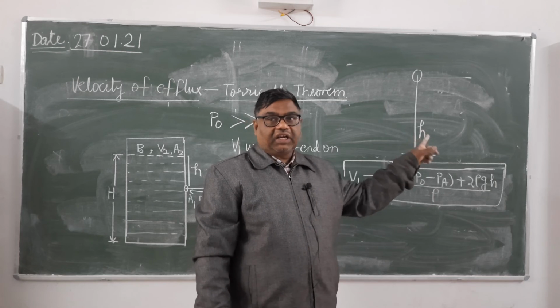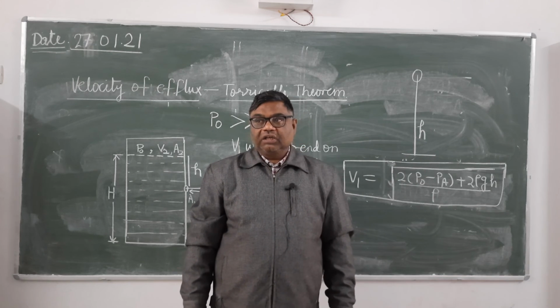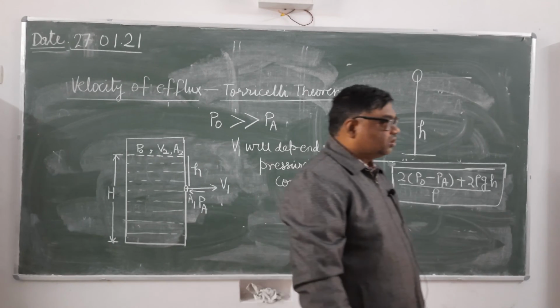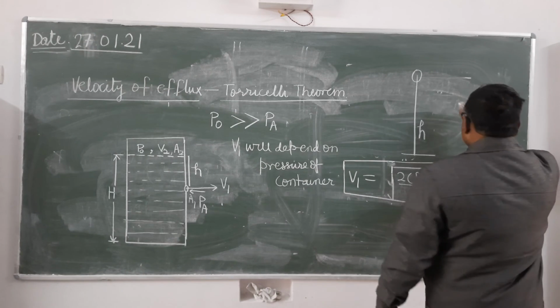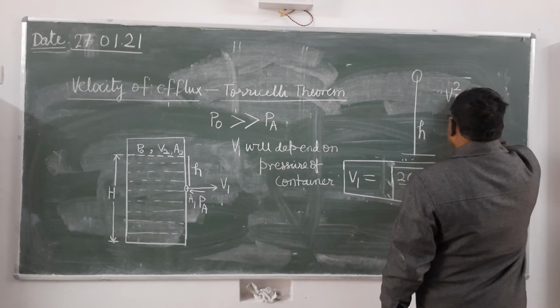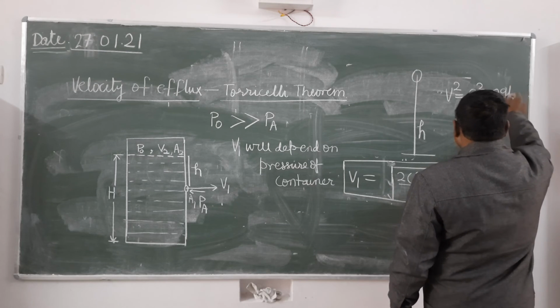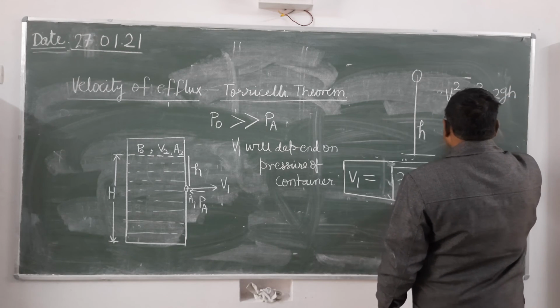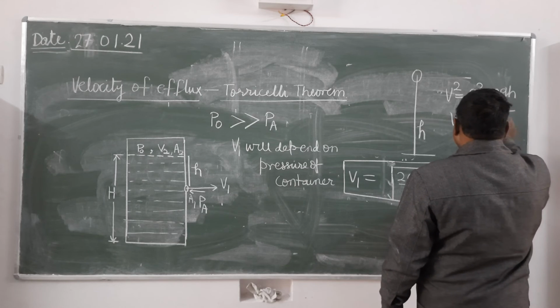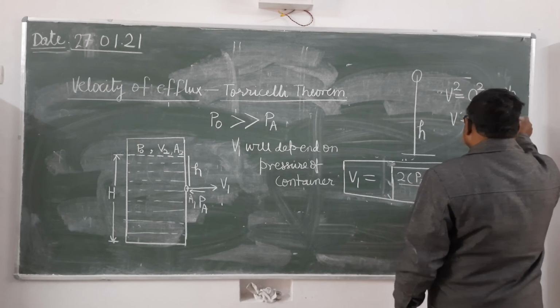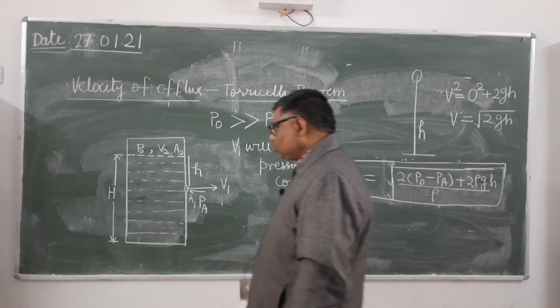We can use the third equation, because under gravity v square equals u square, which is 0 square, plus 2gh. So v will be equal to square root of 2gh.